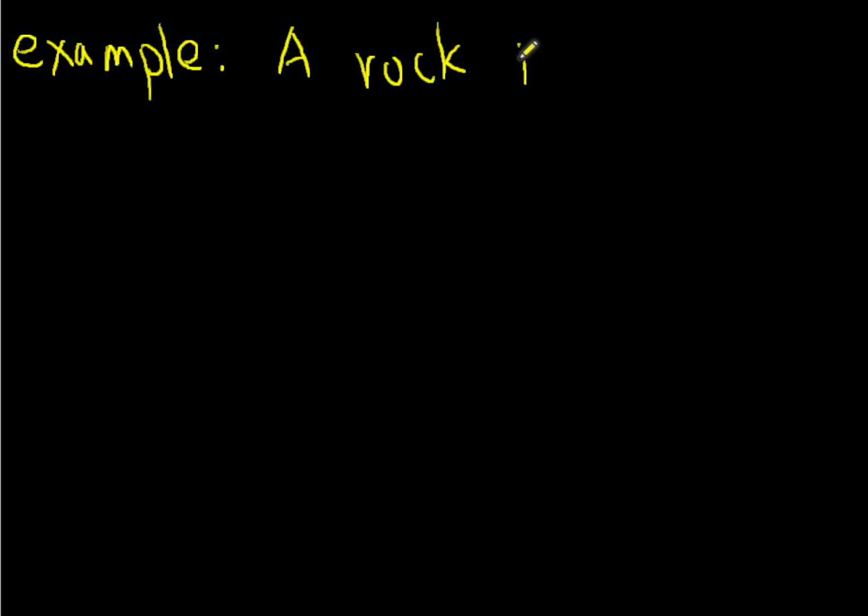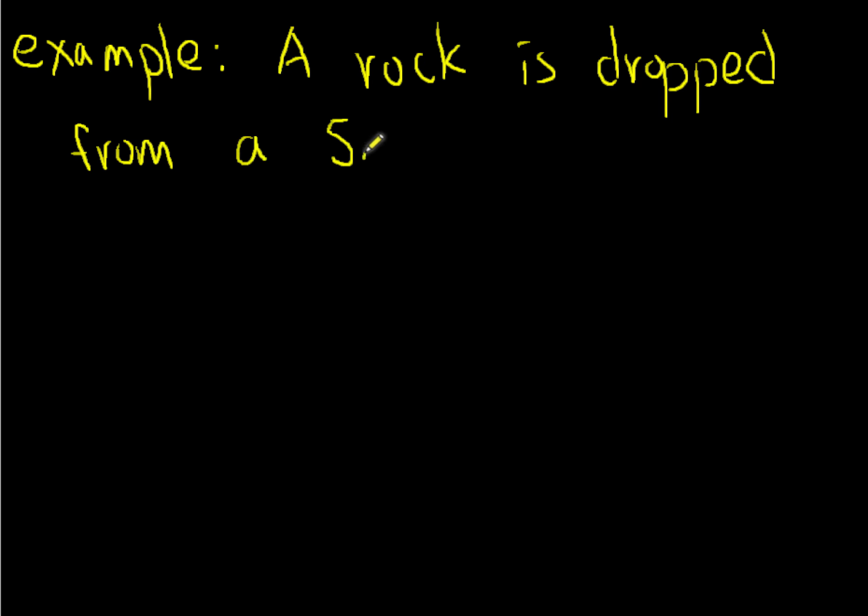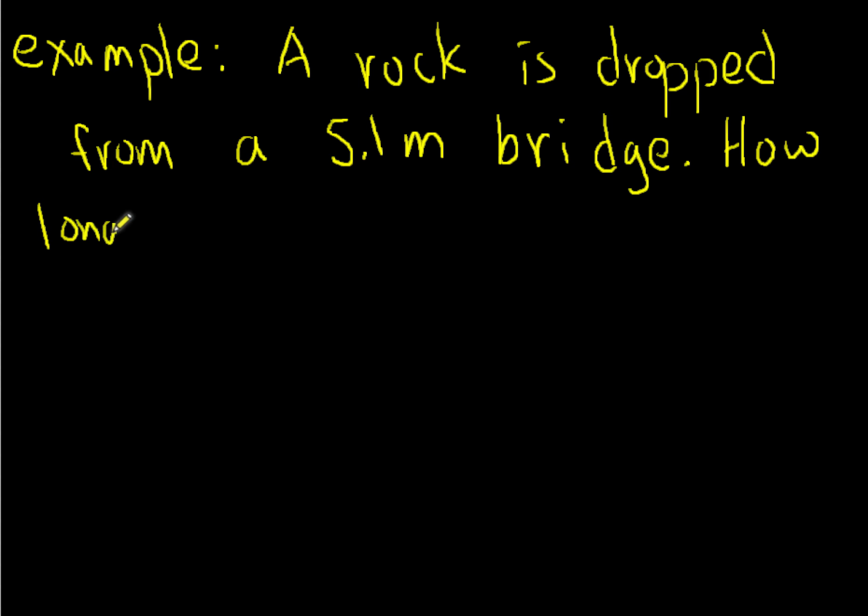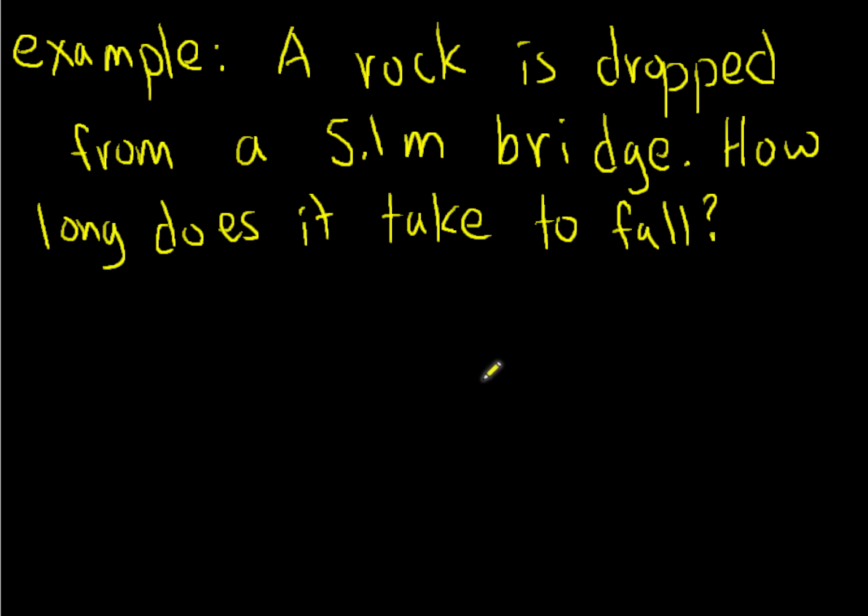A rock is dropped from a 5.1 meter high bridge. How long does it take to fall? Well, to start with, our acceleration is g, which is negative 9.81 because it's down, meters per second squared.